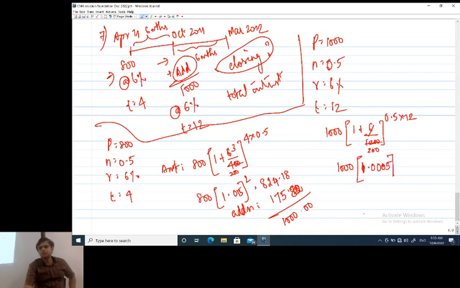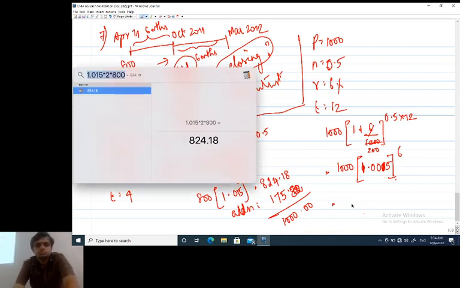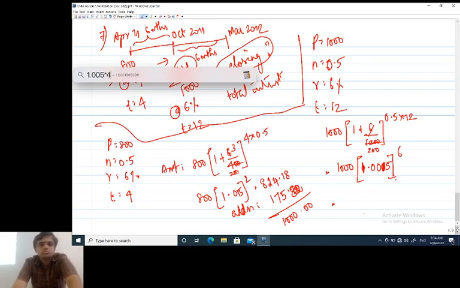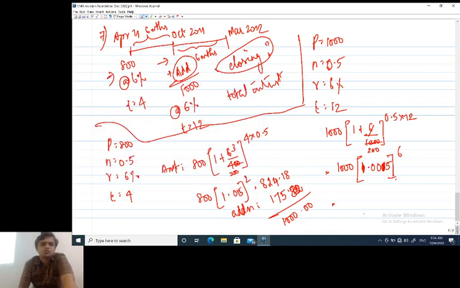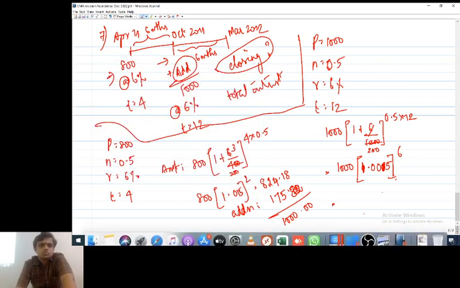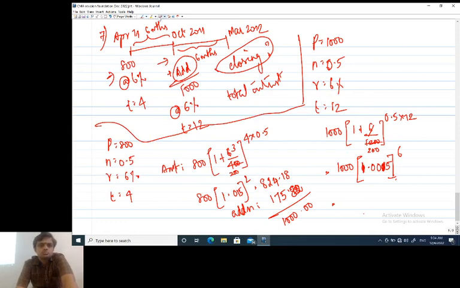No, 1.005, two zeros before the 5, the whole power 6. What is the value you get? 1.0304.